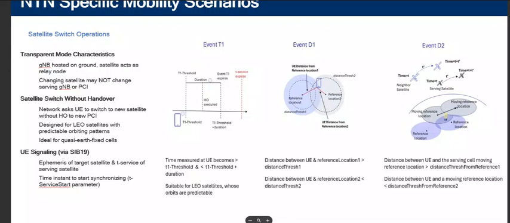Or the next events, D1 and D2: in event D1 the UE is moving, the UE is stagnant and satellites are moving, or event D2 where the satellites are also in motion and the UE is also in motion. So there can be different events, which can be solved by transparent mode characteristics, and then satellite switch without handover, and UE signaling through SIB19, which I have already covered.